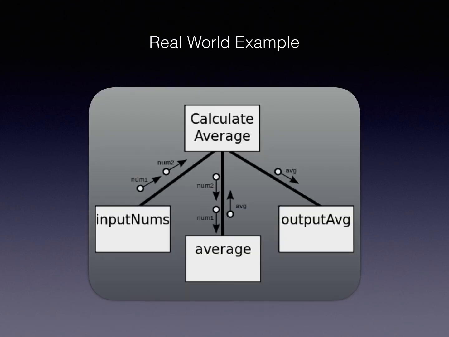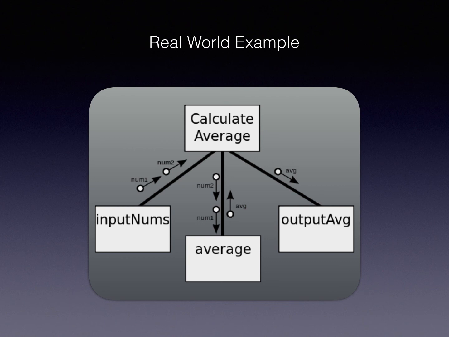Okay, we have a real-world example here that will help us explain a little bit more. In the real world, software engineers will usually use a structure chart to help educate the team on how new software is operating, or to explain how they want to depict their software. So here we have the calculate average function. This will have 2 inputs.